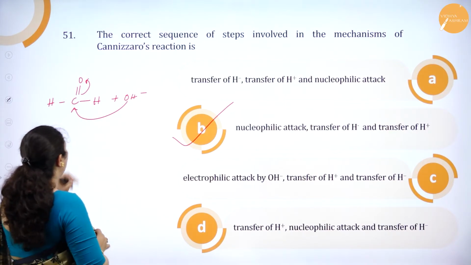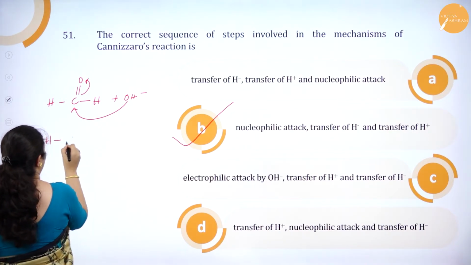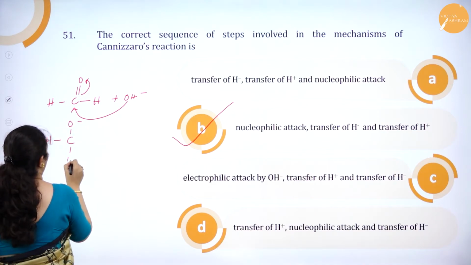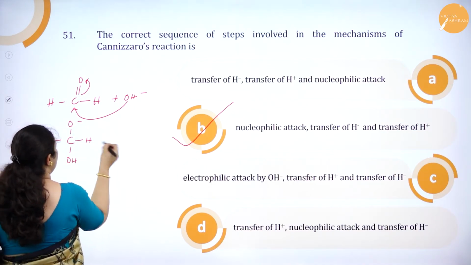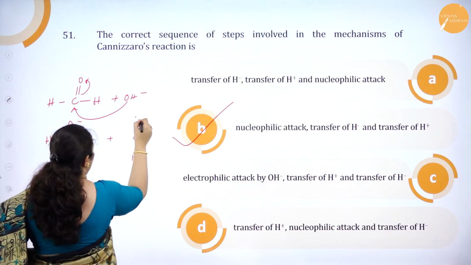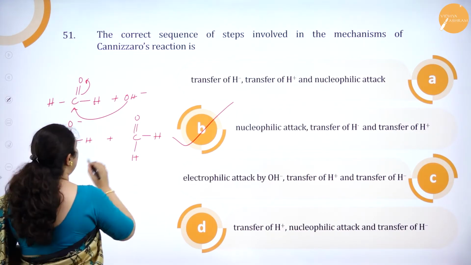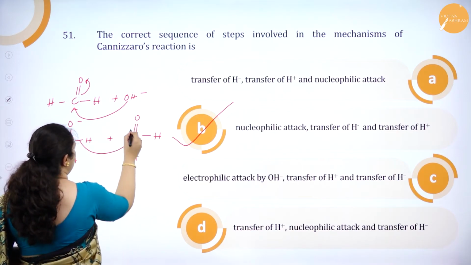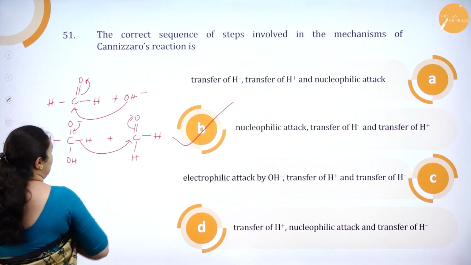Okay, first OH minus will attack. You will get HCO minus, OH and H. So one more molecule will come now, HC double bond O. And now what will happen? Hydride transfer will happen. Here this will go, this will come.